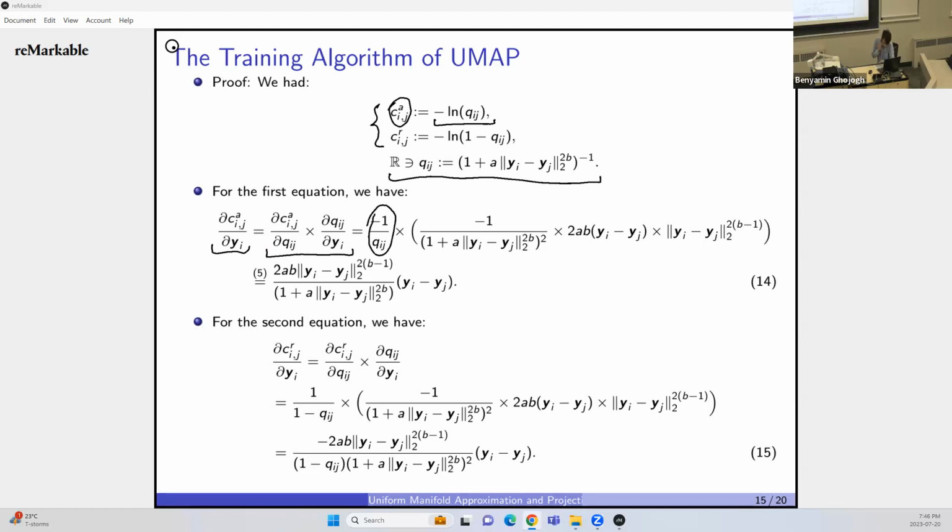So what about the derivative of Qij with respect to yi? If you calculate this derivative, it becomes this. Let's see why a bit. Let's analyze it. So what is this? 1 over 1 plus a times the norm of yi minus yj to the power of 2b.